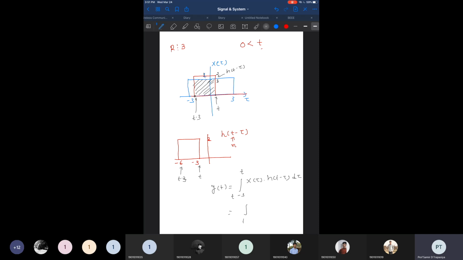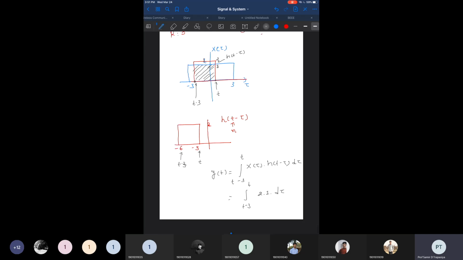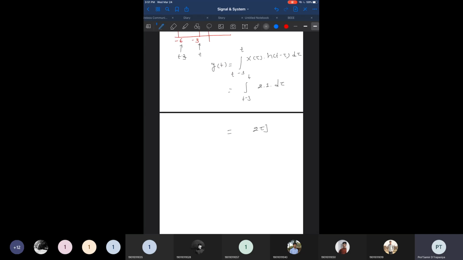We can say it is the integral from t minus 3 to t of 2 times 1 d tau. If we solve further, we have 2 tau, with the limits t minus 3 to t. Applying the limits, 2t minus 2 times t minus 3, which gives 2t minus 2t plus 6. So 2t will be cancelled, and we have 6. So y of t is equal to 6 in this region.